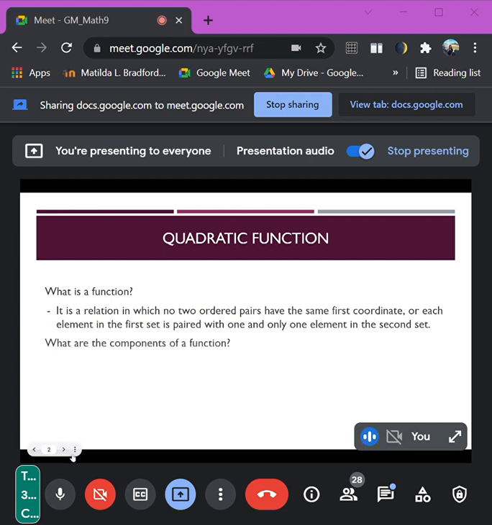Right, in our ordered pairs there are two, which is your x and then y. Or shall we say the first coordinate or the second coordinate, or the domain and range. So the first coordinate given should not repeat. Okay? It should not repeat.